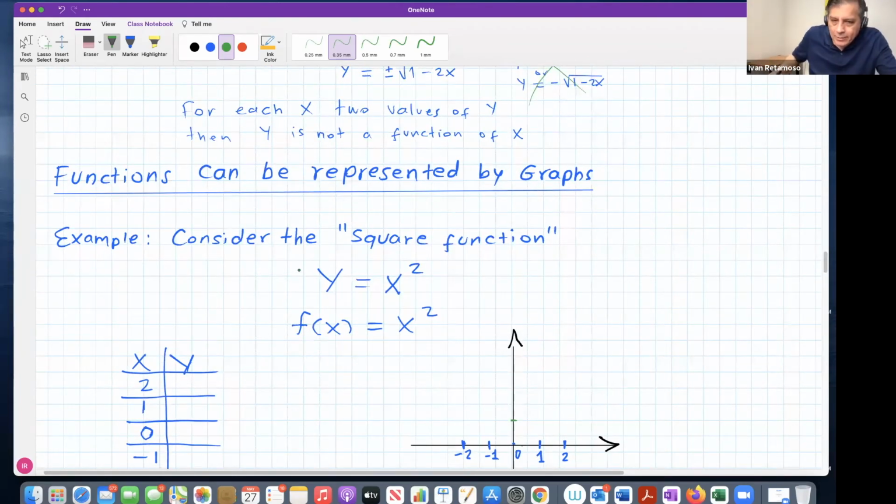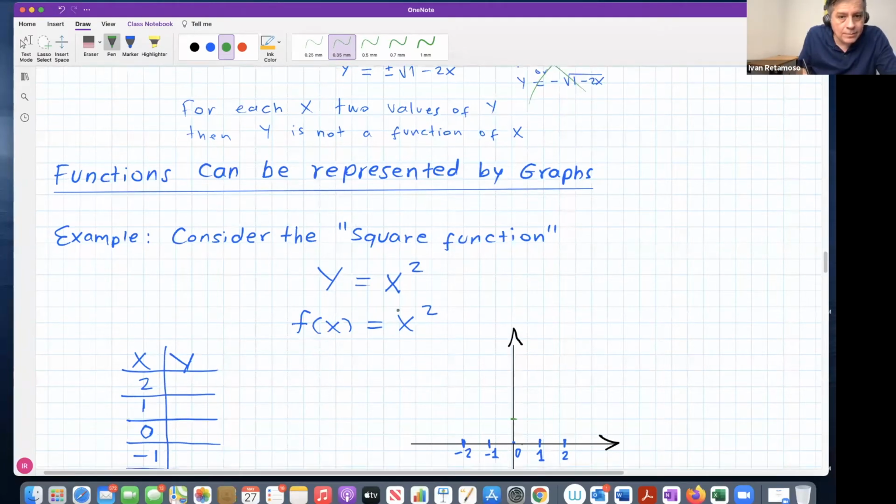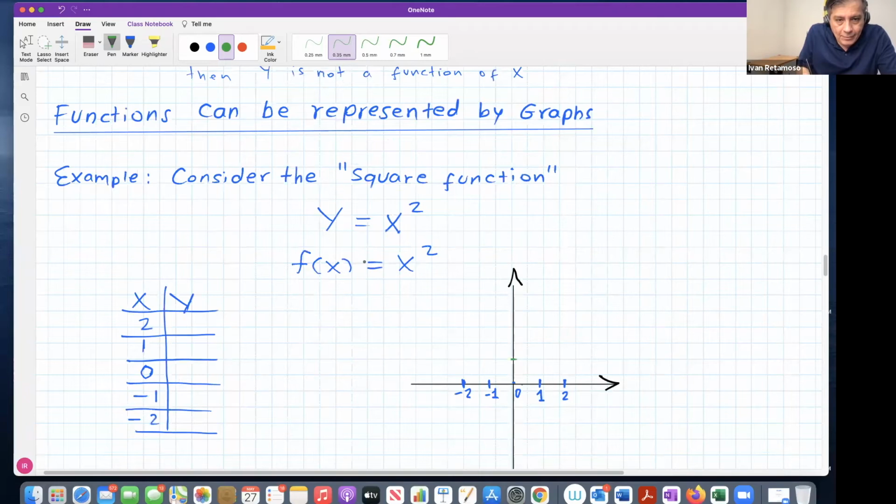For example, we saw this square function, right? This is a square function that we're going to use a lot throughout this course. If I choose more input values such as 2, 1, 0, -1, and -2, when I square these input values, 2 squared is just 2 times 2, 4.